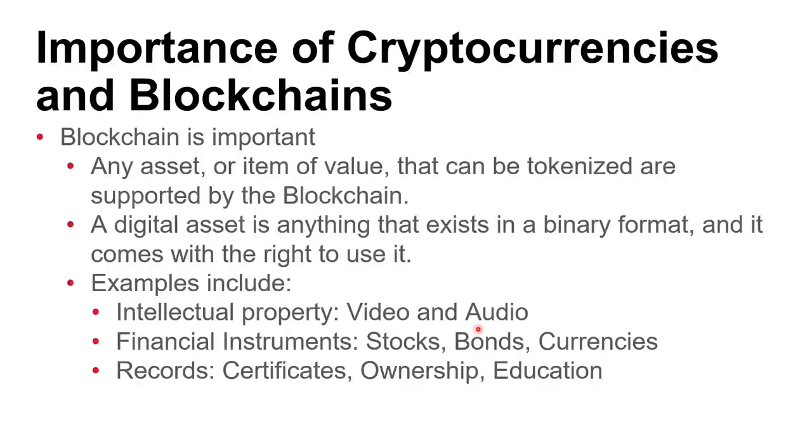An asset of any item or any value can be tokenized and supported on a blockchain. The digital asset is anything that exists in binary format and can come with any kind of use.